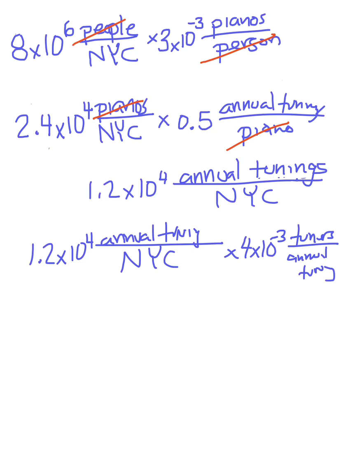And once again, we can look at the units on that, and we see that all that's left is tuners per New York City, which is, of course, exactly what we were hoping to find.